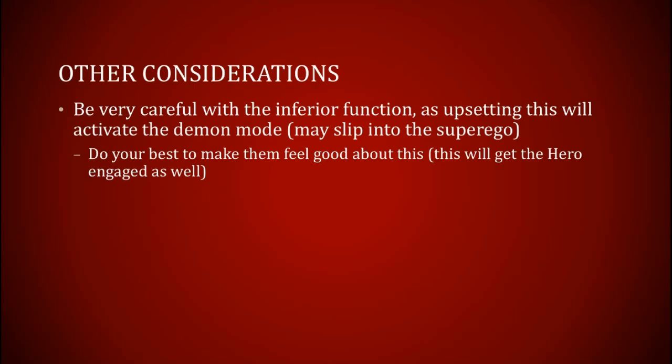So always keep that inferior function in the back of your mind, and do your best to make them feel good about this. And if you can help them really get over their inferior function, you can make them slip into the subconscious side of their mind, which is when a person is really at their best, when they're doing things that they really enjoy doing. As I mentioned in my INTP Can Be the Sage video, the subconscious of the INTP is an ESFJ.